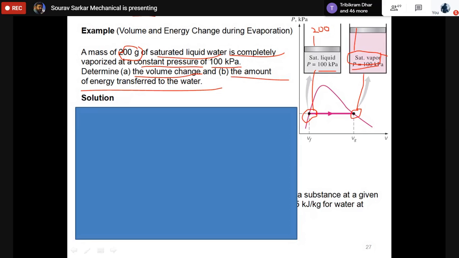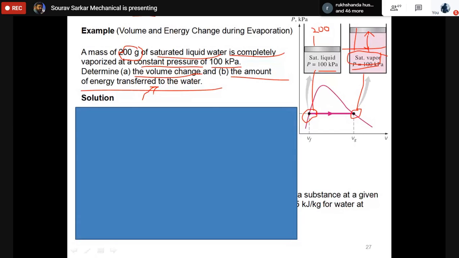They have asked two questions: what is the volume change due to the phase change, and what is the amount of energy that needs to be supplied to support this conversion? Or, sir, how much energy is required to convert it completely into vapor? Can we solve this?